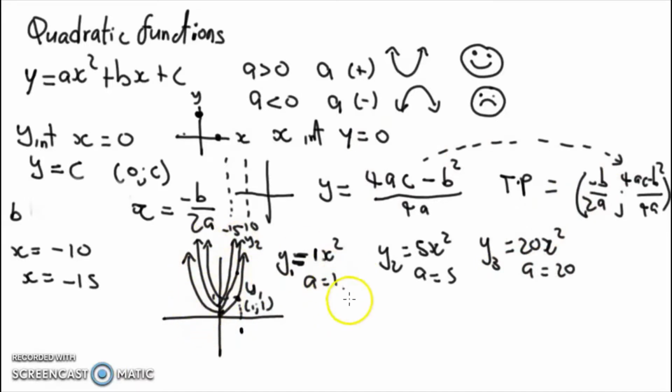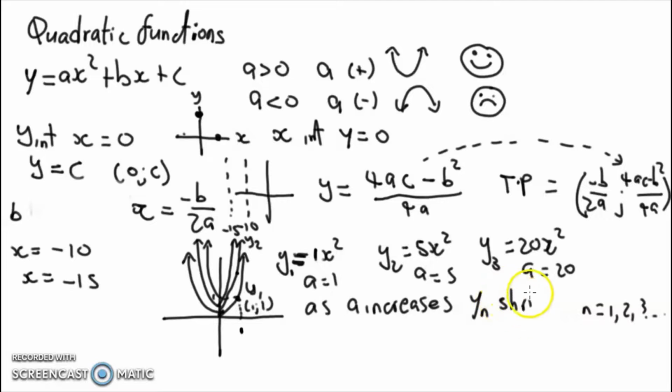So what we're seeing here is that as a increases, y n seems to be shrinking.